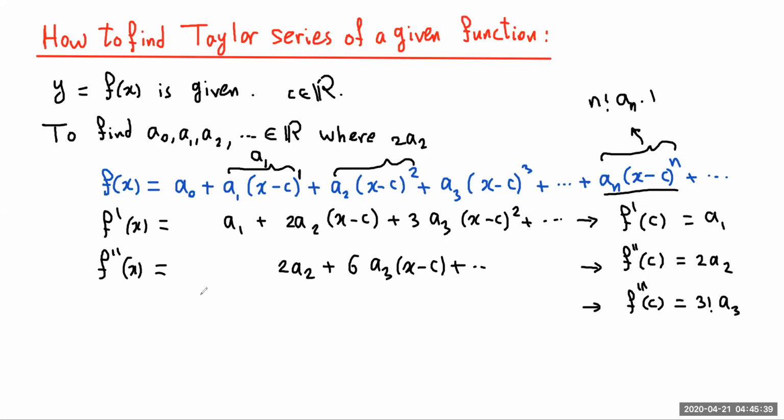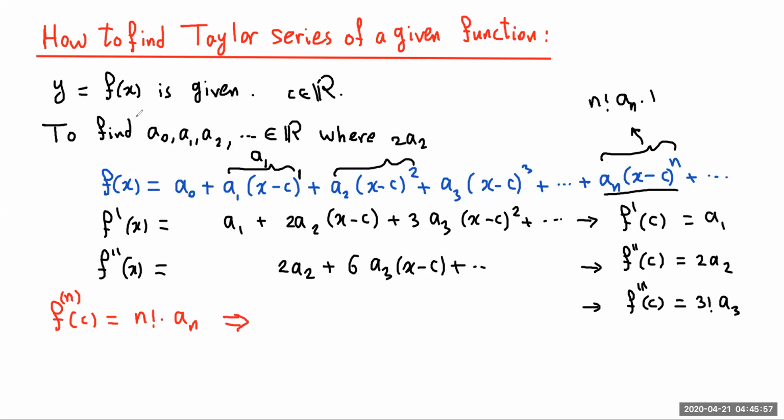So I can write in general here that if I take the derivative of order n at c, the answer will be n factorial times an. So now I can calculate an.